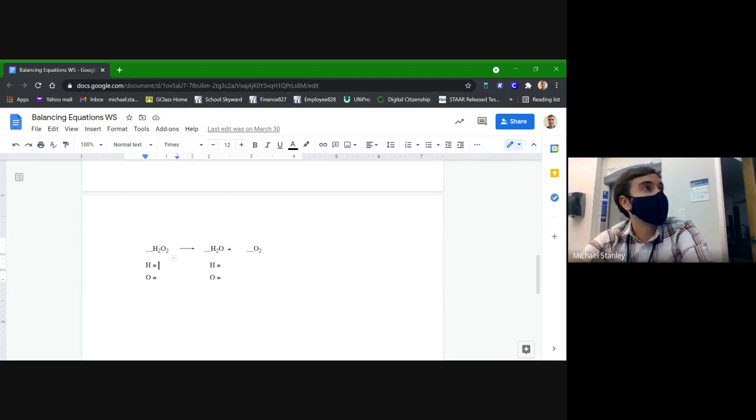The one thing that makes this one a little bit different is that on the product side over here, you have oxygens in 2 different places. So the numbers that you're counting up should include the total number of oxygens. So if you look at the 1 oxygen right here and the 2 oxygens right here, how many total oxygens do we have on the product side of this equation?